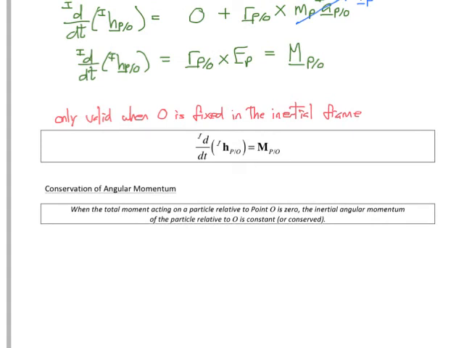Let's finish up this screencast by looking at an important part of this expression of Newton's second law, and that's when we have the conservation of angular momentum. This is when the total moment acting on a particle relative to the point O is 0. Then the inertial angular momentum of the particle relative to O is constant, or conserved.